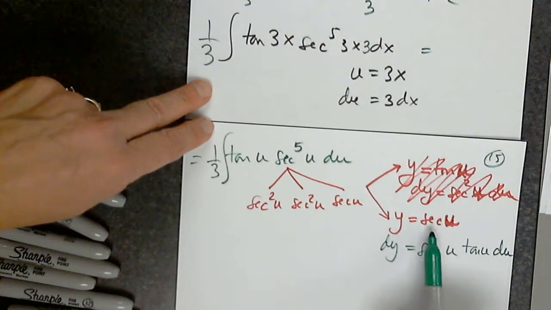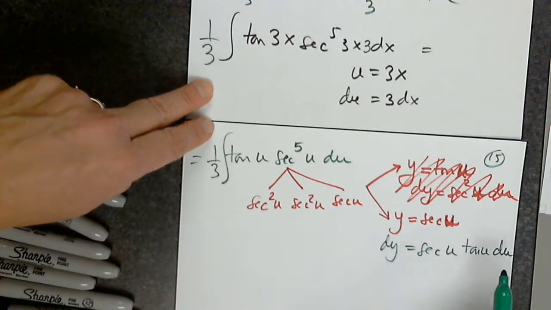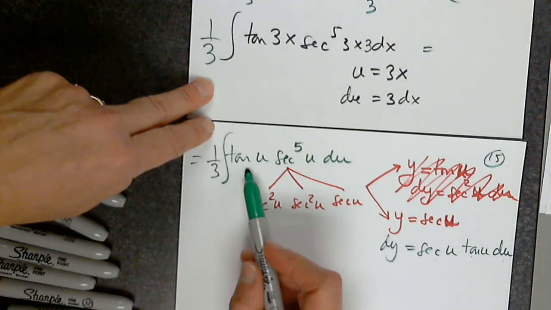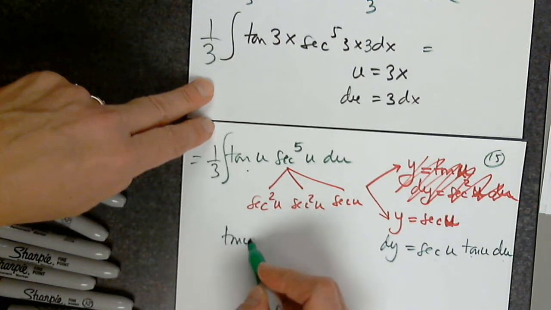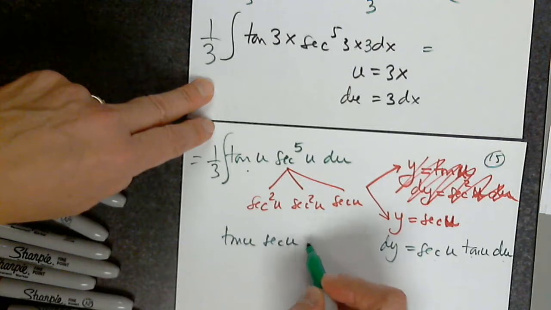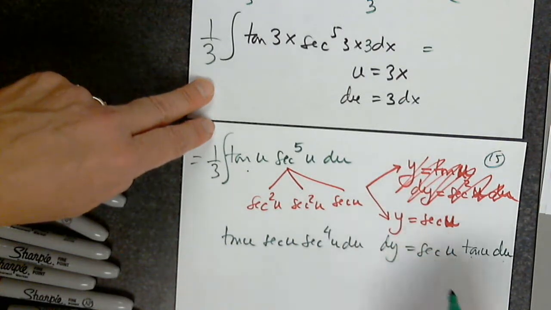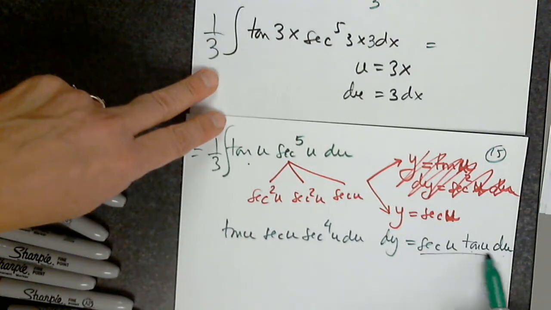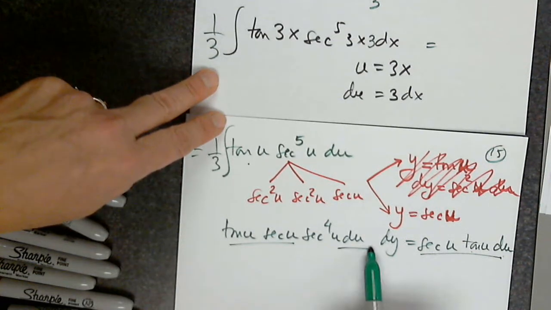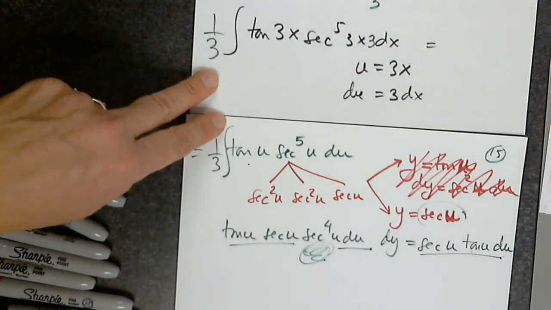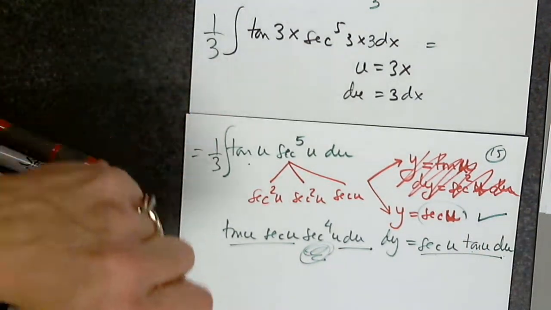If I use secant u, I need to have secant tangent du. I have tangent. I have secant. I have 4 more secants and du. This is this, and this is this to the 4th power. This is what I need.